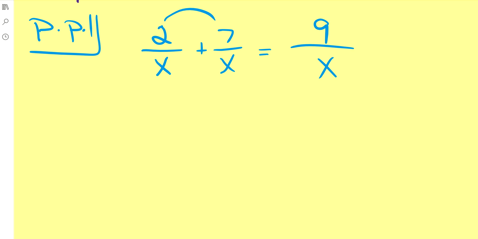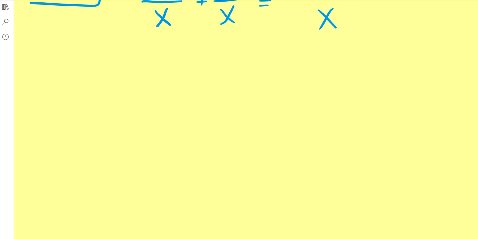It's easy when you're doing numbers to get the denominators to be the same, but we'll be challenged a little bit with the polynomials. So let's go on to practice problem 2.